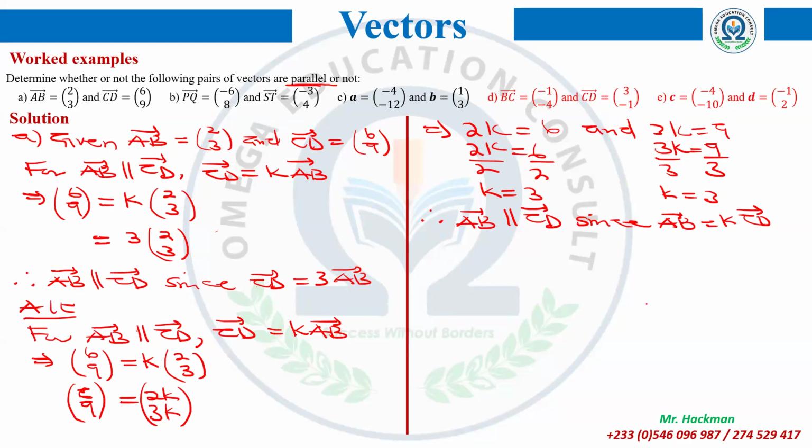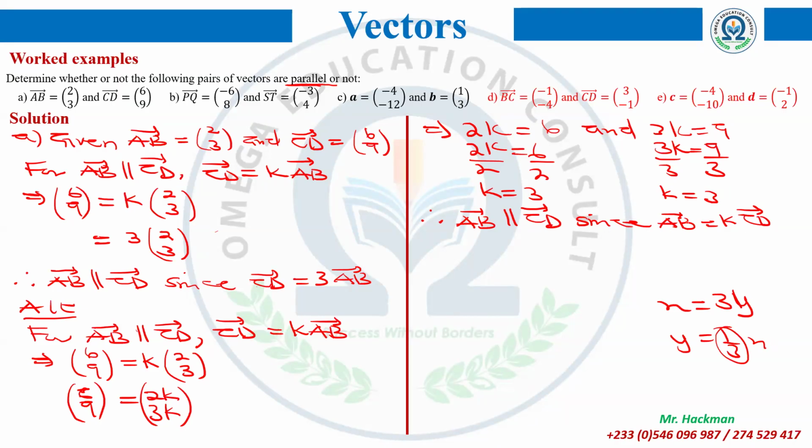If I say that x is equal to 3y, I can also say that the 3 here is a constant. I can also say that y is equal to 1 over 3x, and this will also be a k. So irrespective of which direction you go, the one is always being multiplied by a constant.